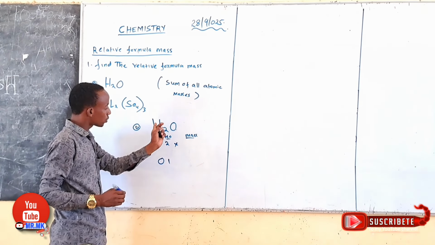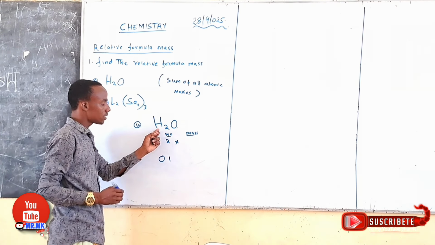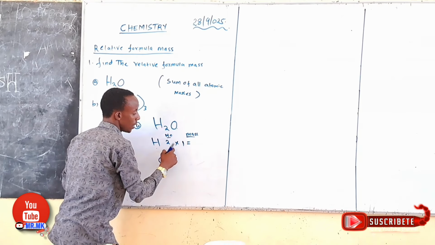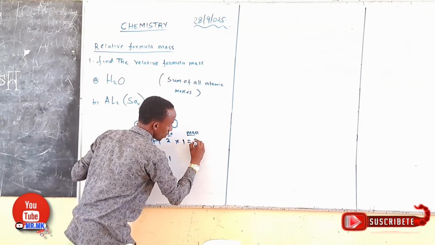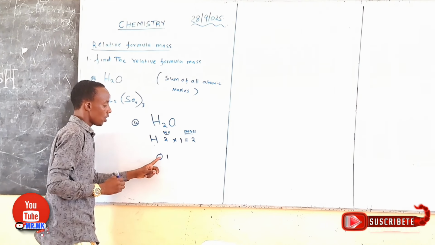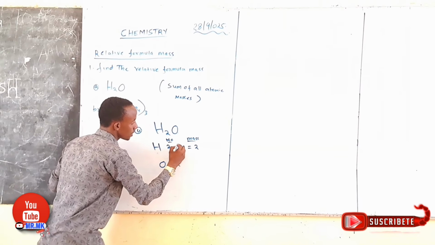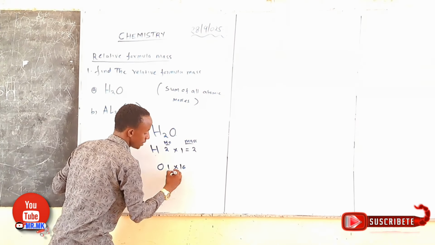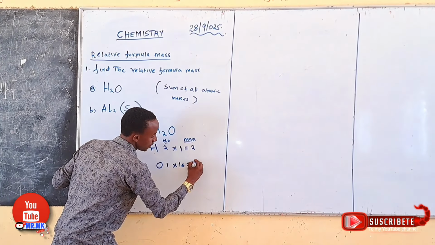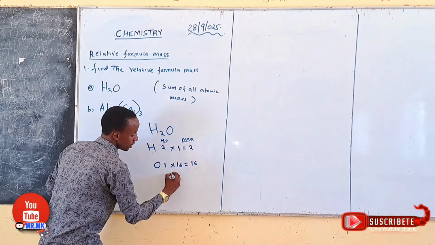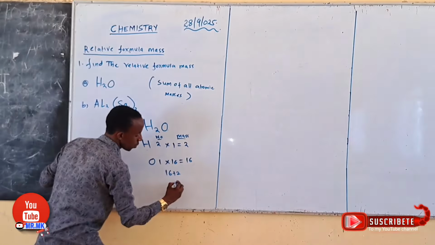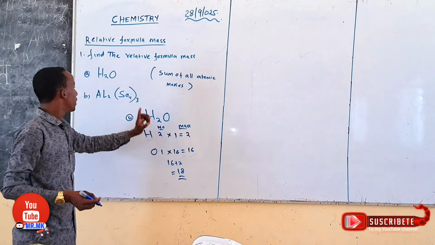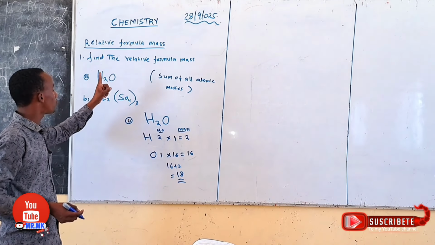When you go back to the periodic table, hydrogen is 1, so 2 times 1 is 2. Oxygen has a mass number of 16, so 1 times 16 is 16. Now 16 plus 2 is 18. That is the relative formula mass of water.